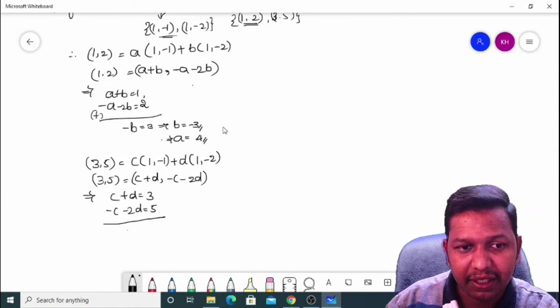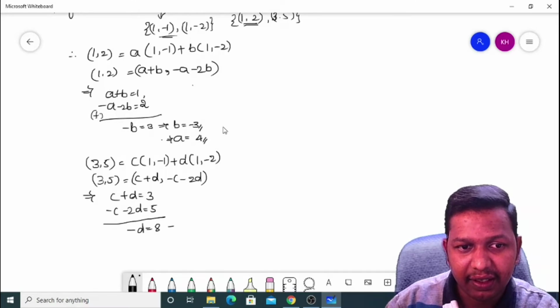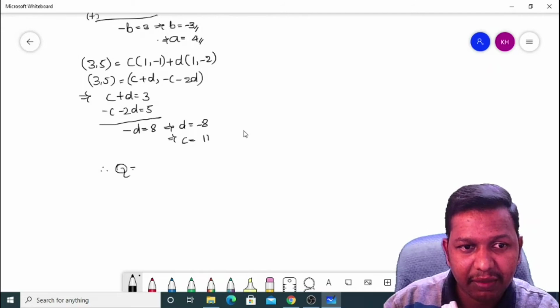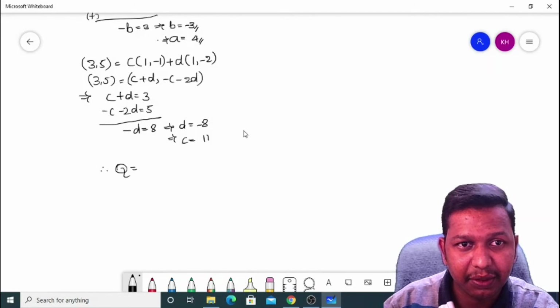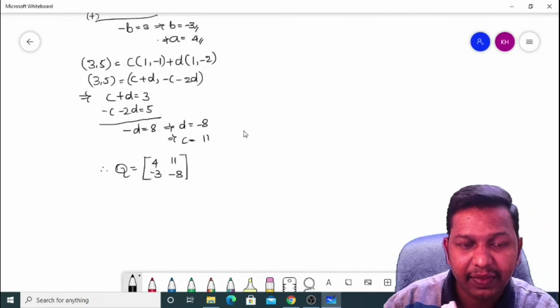Add these two equations, we have -D is equal to 8, which implies that the D value is -8, which implies that the value of C is equal to 11. Therefore, the transition matrix Q has A value 4, B value -3, C value 11, D value -8.